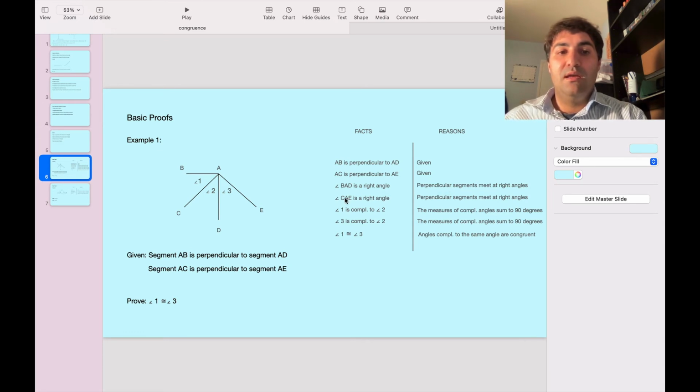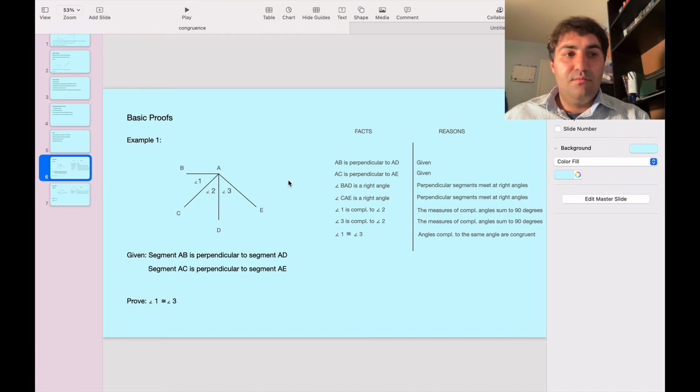Since BA is perpendicular to AD, this is going to be a right angle. And in a similar way, since segment AC is perpendicular to segment AE, angle CAE will be a right angle as well.